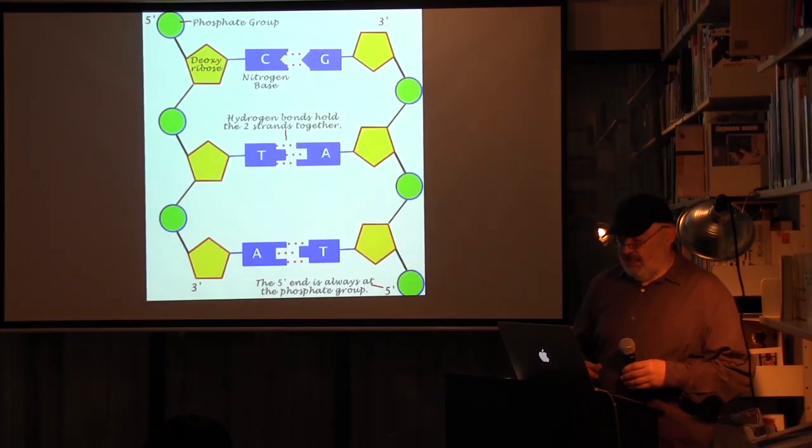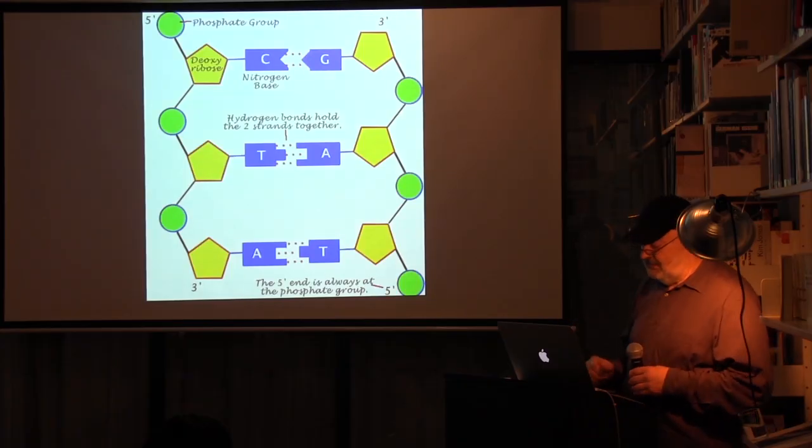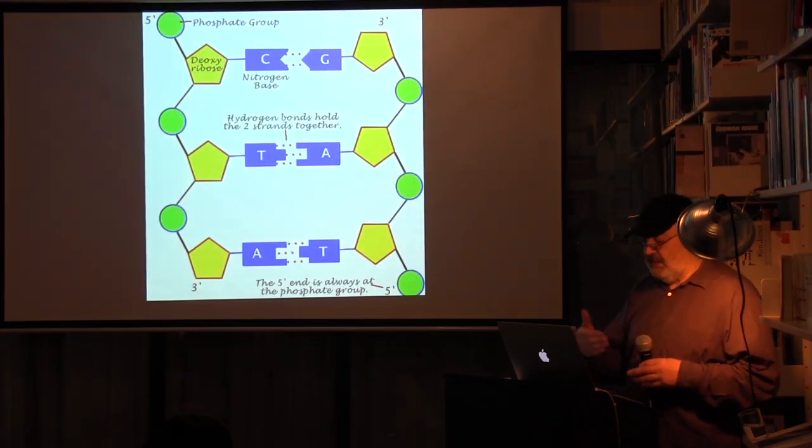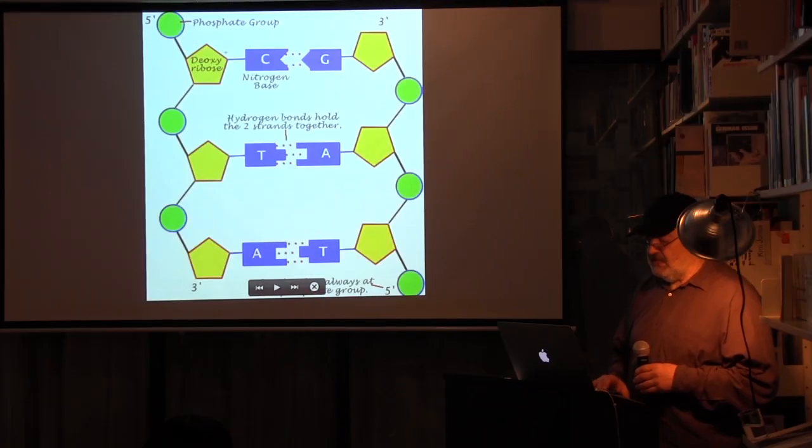Here there is bright blue, but again the same color. Only the shapes make the difference. The dots are showing the double hydrogen and triple hydrogen bonding.